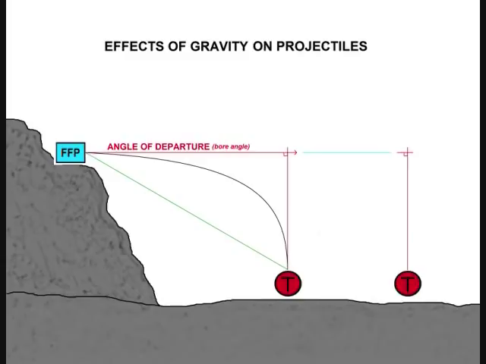Now, what's interesting here, and we'll do this animation in a second, is that, like we said before, when your bullet exits the barrel, it's going to have a huge amount of horizontal velocity, 3,000 feet a second. So it's going to be covering a lot more ground horizontally, especially initially, than when it just starts to drop.